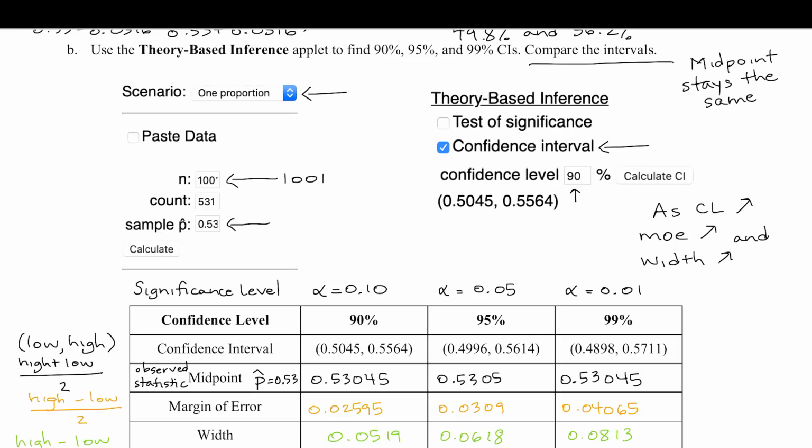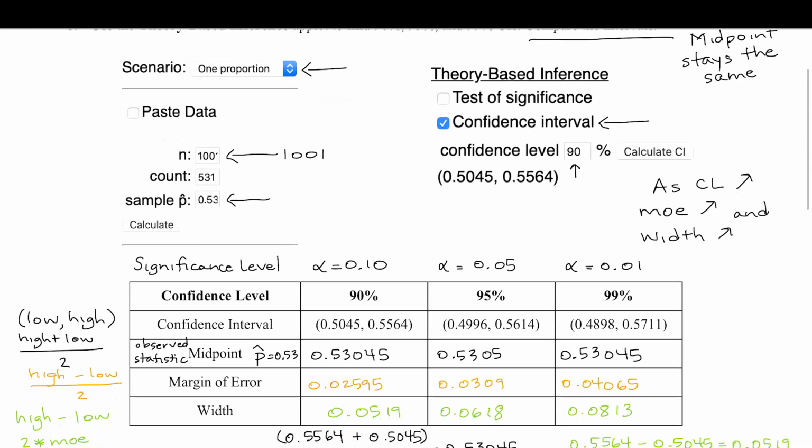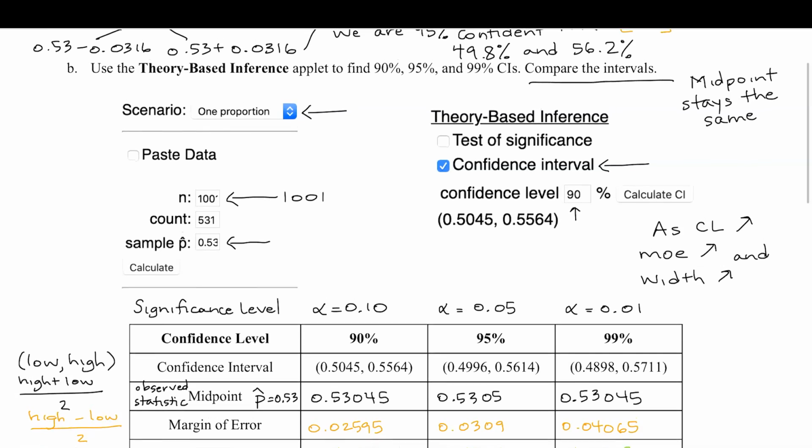When you look at the bottom row, the width row, the numbers in green are getting bigger as we move from left to right. So as the confidence level increases, so does the margin of error, and therefore so does the width. But the confidence level changing has no effect on the midpoint of the interval. That stays the same, and it's the value of the statistic, regardless of the confidence level that we use to create the interval.